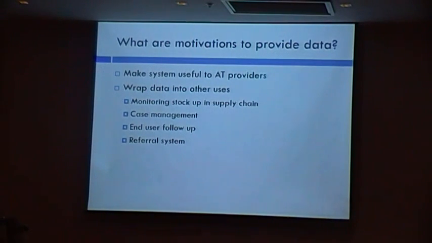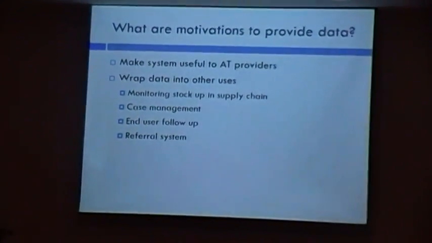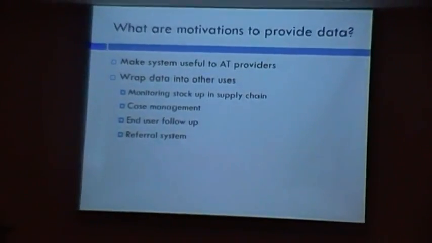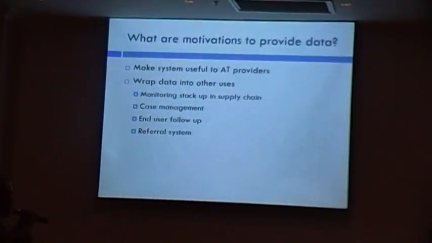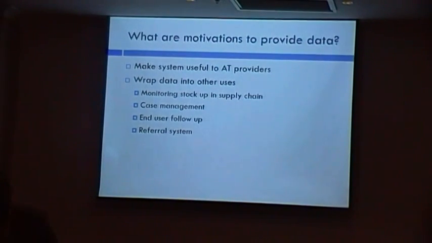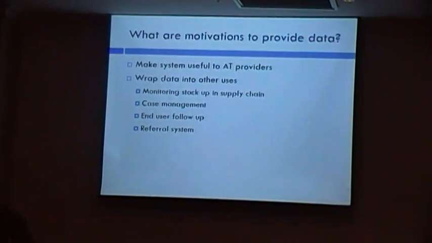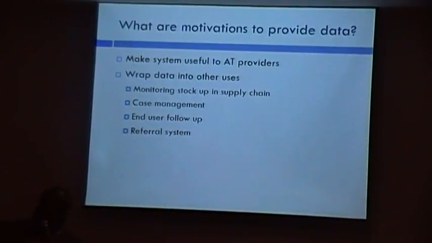Some of the possibilities are the ones that you see, like making the system useful to AT providers. If the AT providers do not find the system useful to them, then we don't see the possibility of them being interested to participate in this project.